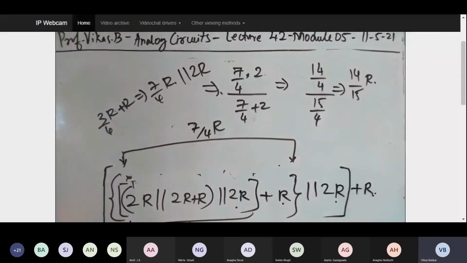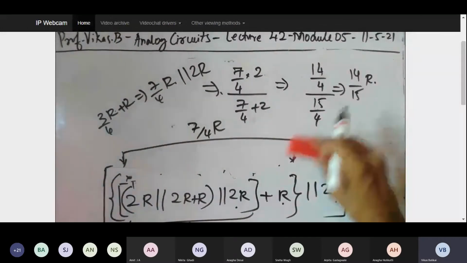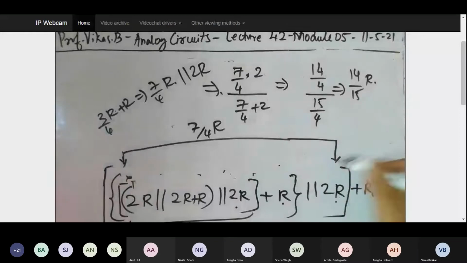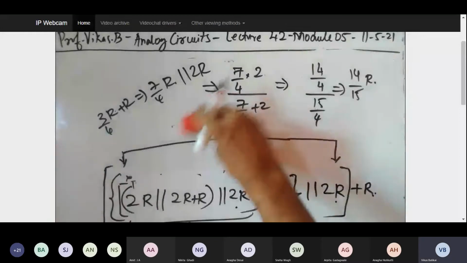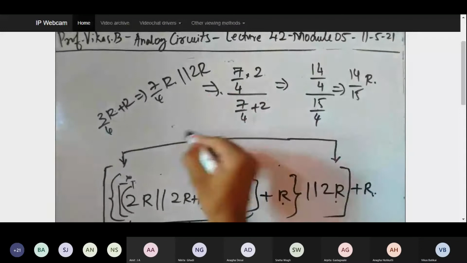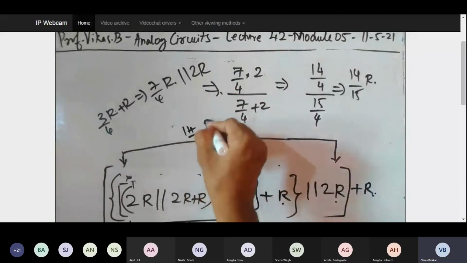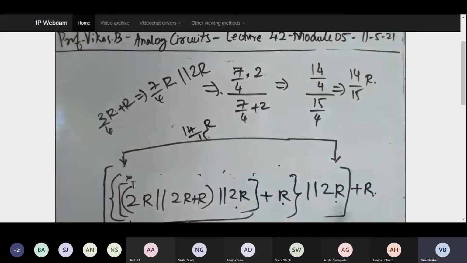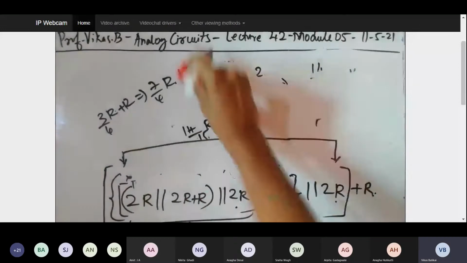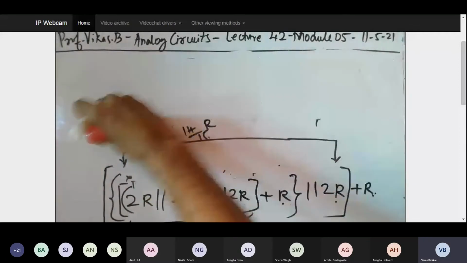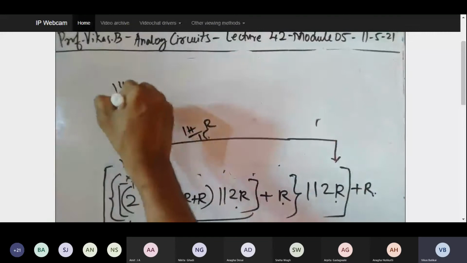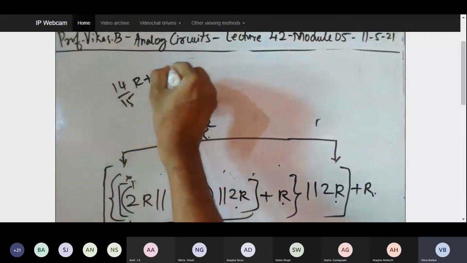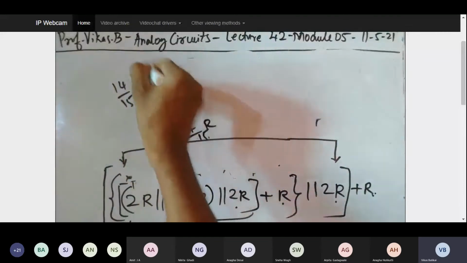Till here I am getting 14 by 15 R. Now that in turn is in series with R. So now straightforward, we just apply the series equation. 14 by 15 R plus R, just take the LCM.